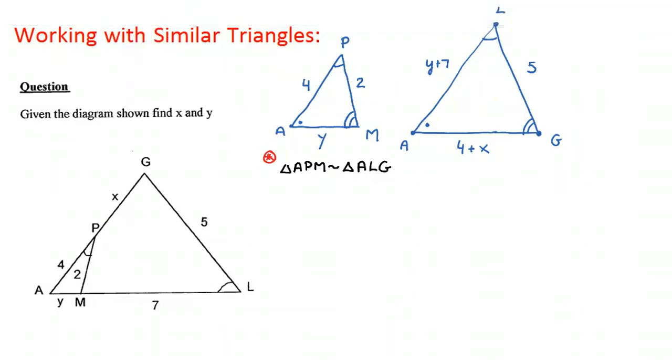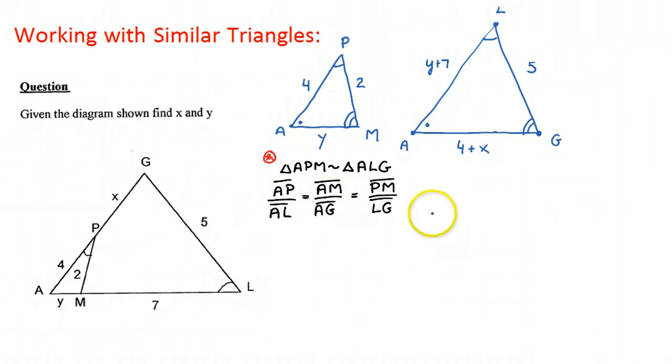So let's start in general. We know that AP over AL is equal to AM over AG, and that's equal to PM over LG.